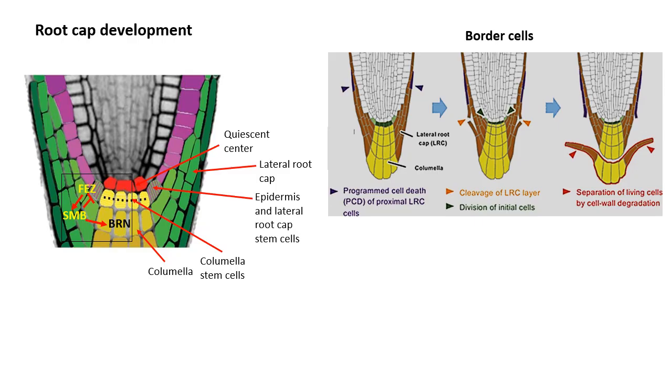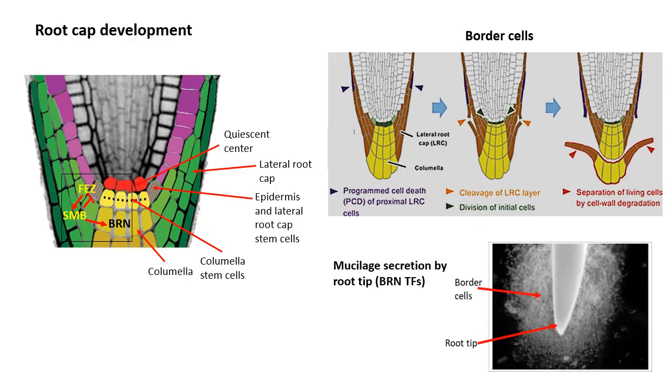The detached cells are called border cells, which are embedded in mucilage that is secreted by the last row of the columella cells. So columella cells do produce the mucilage. And the BRN transcription factors also play an important role in mucilage accumulation and secretion in the roots.